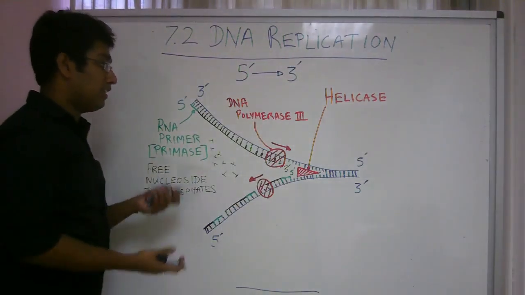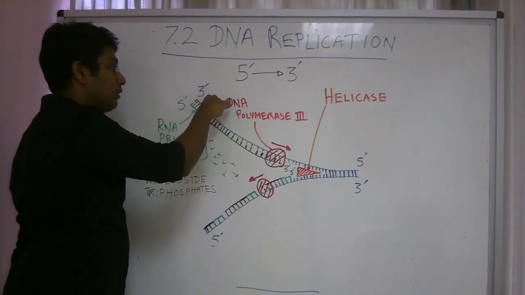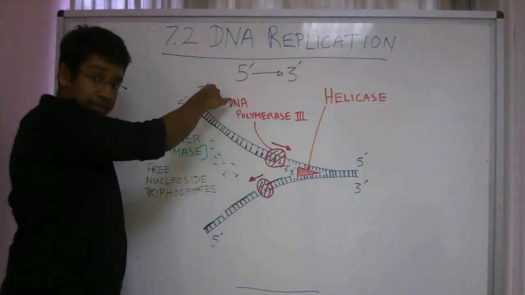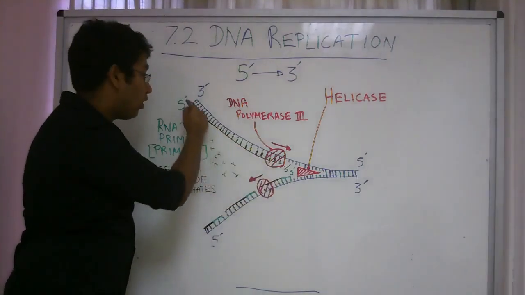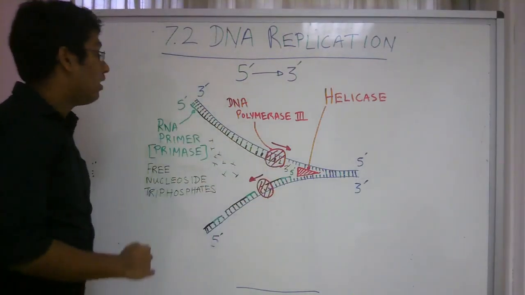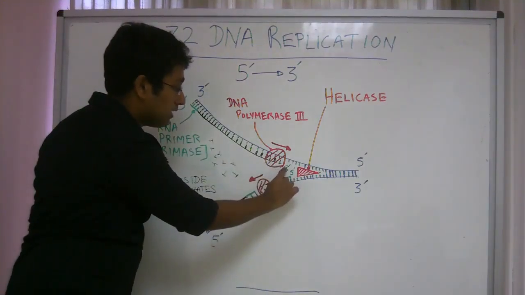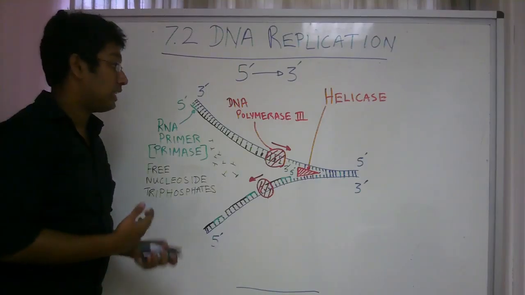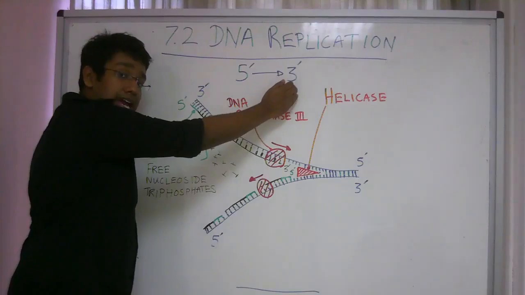Now it can be seen on the diagram I've put up that the blue parent molecule, this end represents the 3' end, which means that the new molecule to be built along this strand will have to start with the 5' and produce towards the 3', which DNA polymerase III can do without any difficulty, as it always works in a 5' to 3' direction.